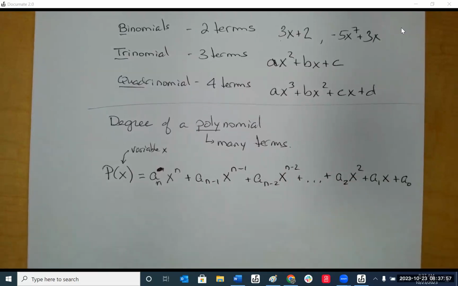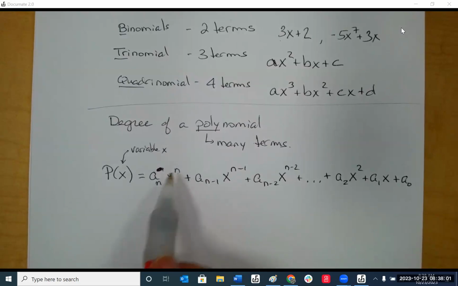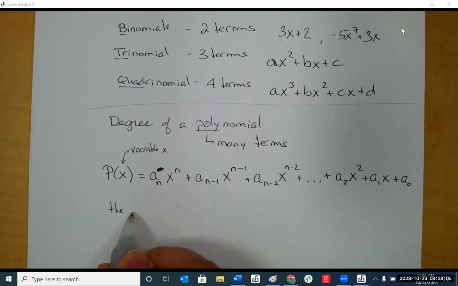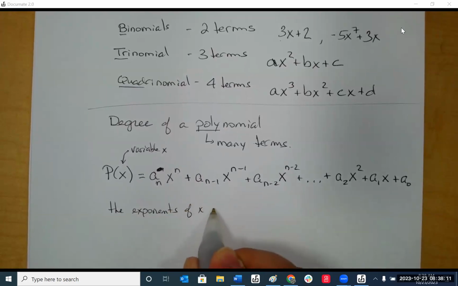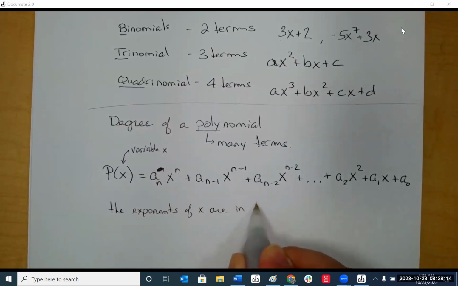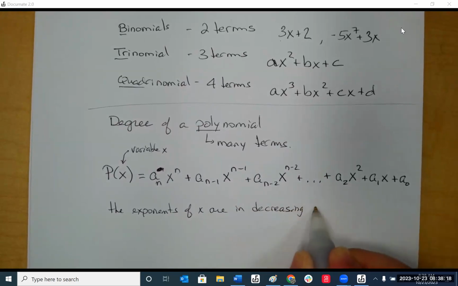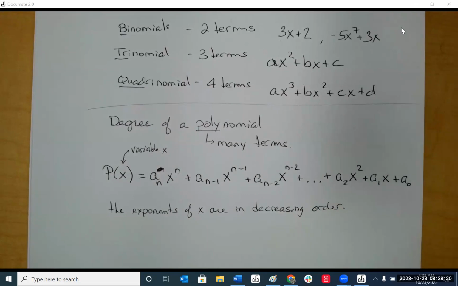Whenever you have a polynomial, always put your exponents in decreasing order. The exponents of x are in decreasing order.